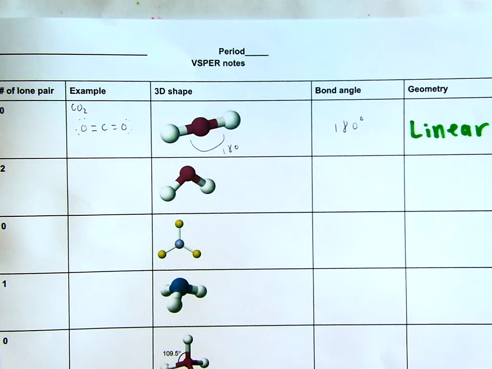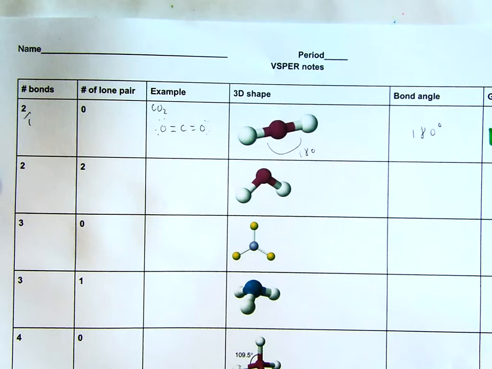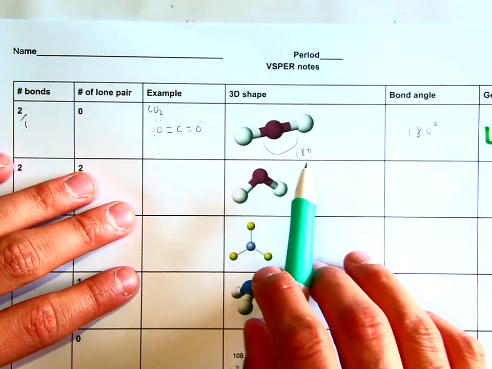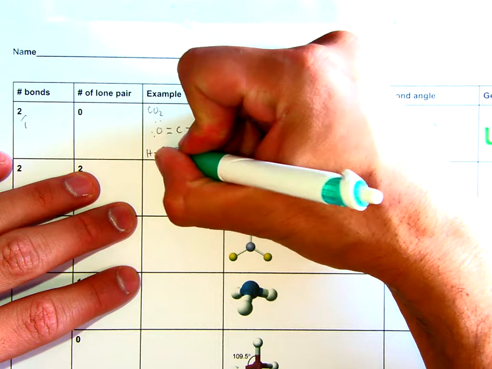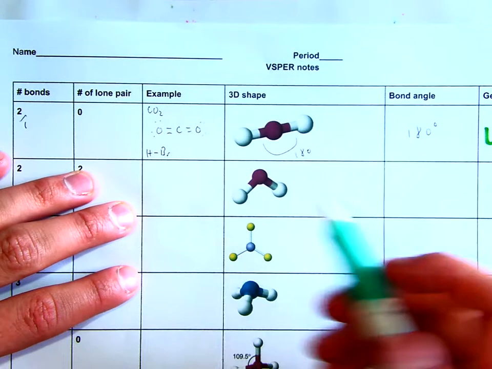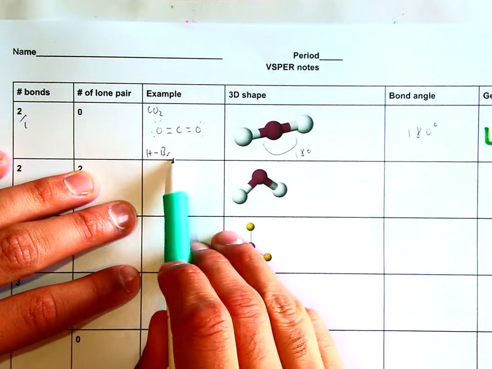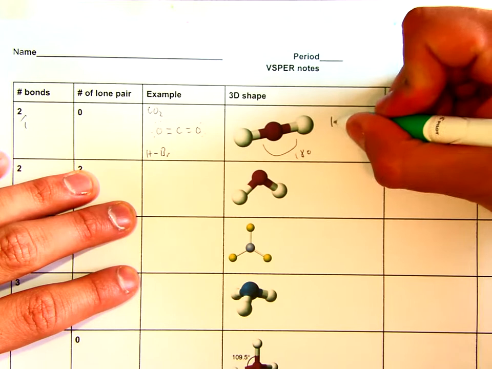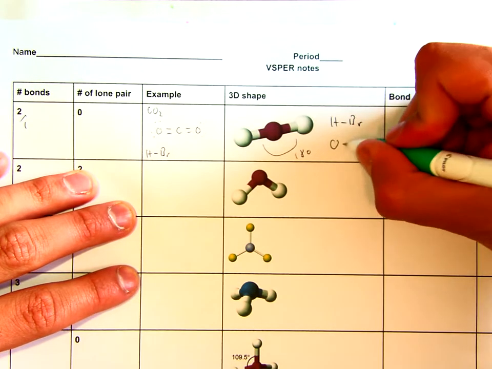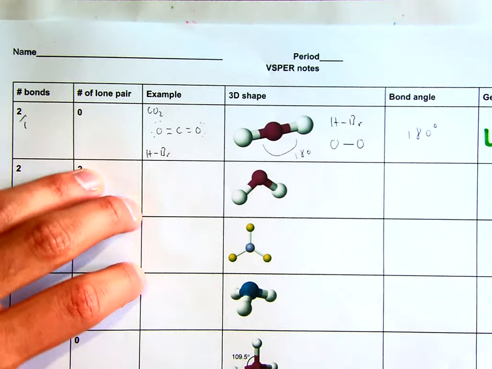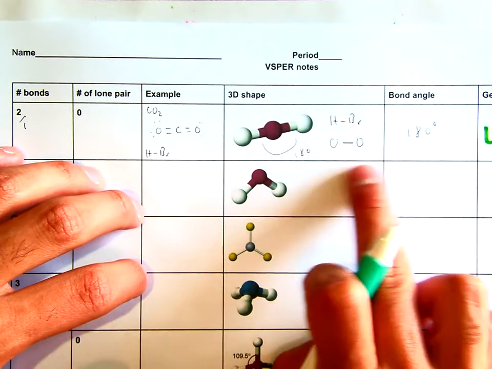Going back to this, whenever we have 2 atoms, for example HBr or O2, it's always going to be linear, because that's the only shape it can form. If I have H2 and I draw that compound, it's always going to be straight. So whenever I have 2 atoms, it's always linear.